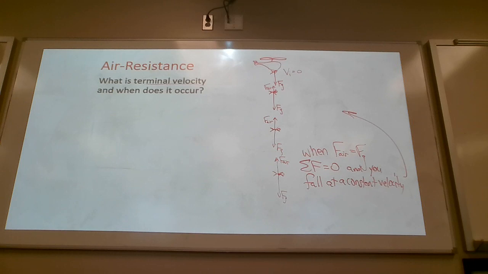So terminal velocity is the velocity at which you fall when air resistance is equal to your force of gravity, so that the sum of the forces is equal to 0. Cool with that?